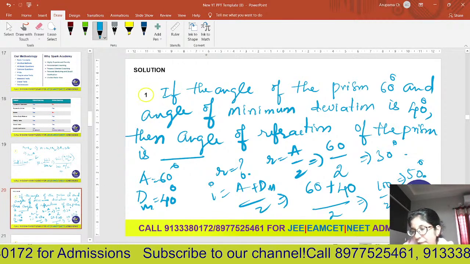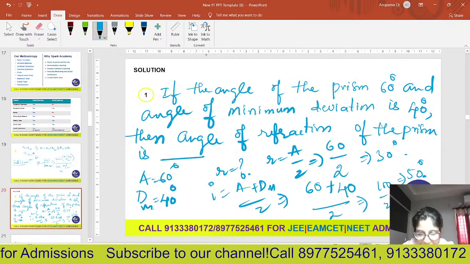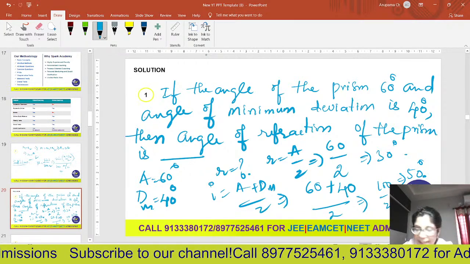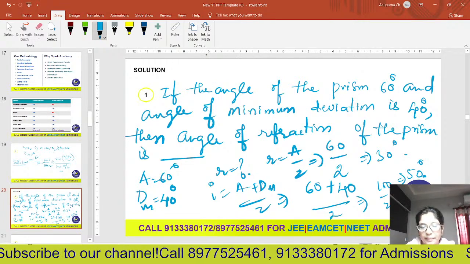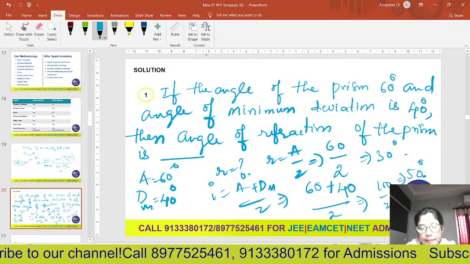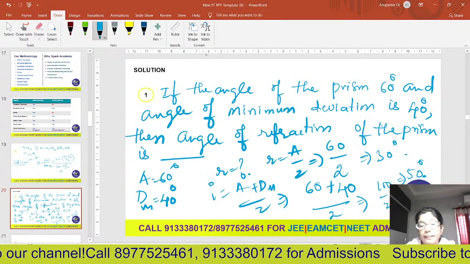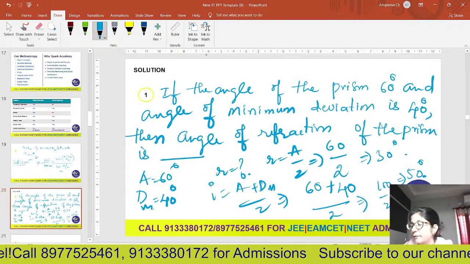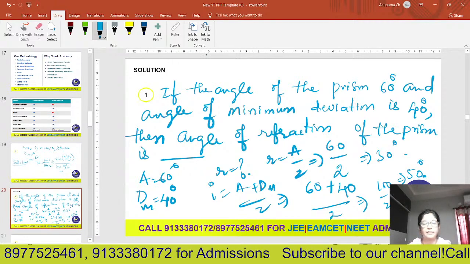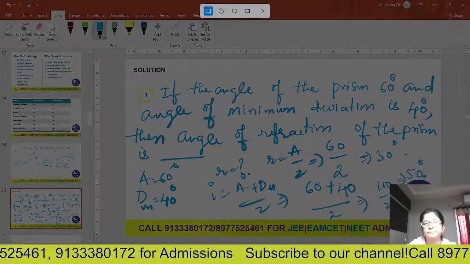Like this you can find out the I value, and you can also find out the R value. So this is about finding out the refraction when the angle of the prism is given. I hope this is clear.